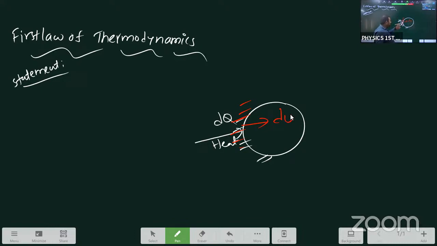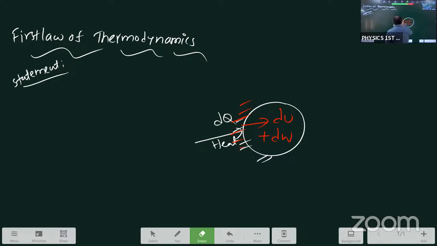Supplied heat always equals the sum of two energies: internal energy plus external work. dq equals du plus dw. This is only the law of conservation of energy.